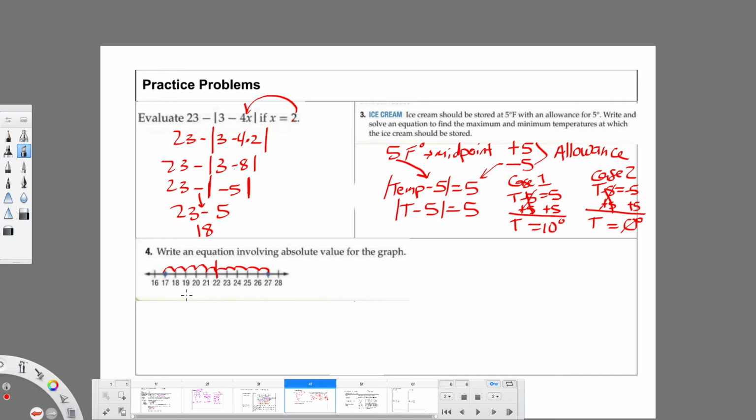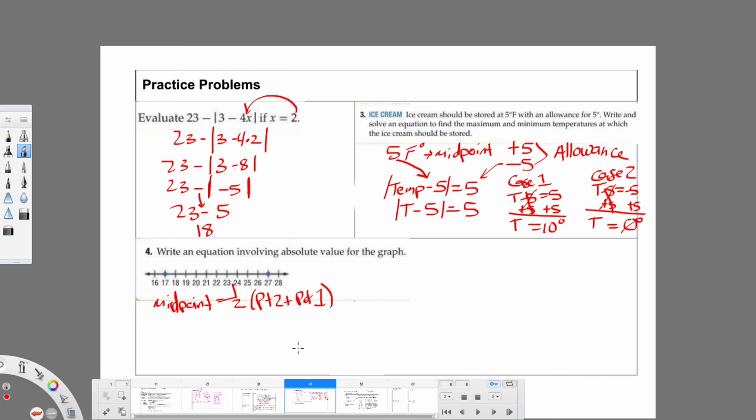I could also use a formula where I say midpoint equals 1/2 of point 1 plus point 2, like this.